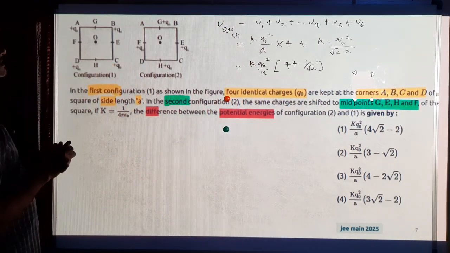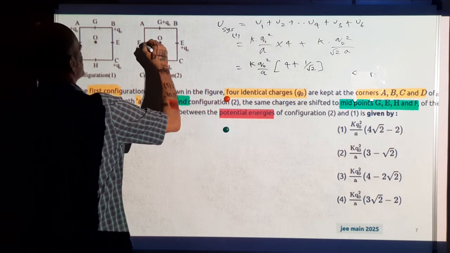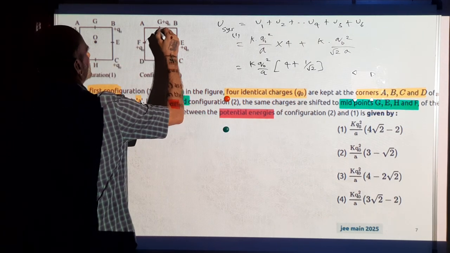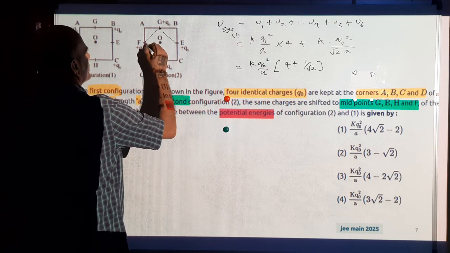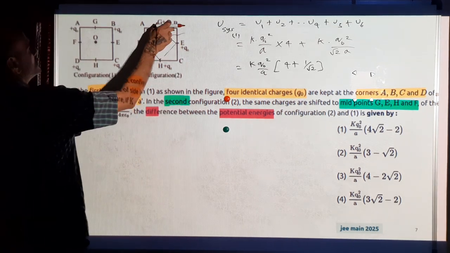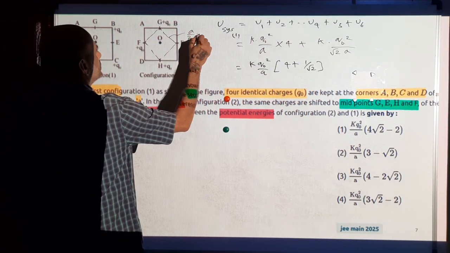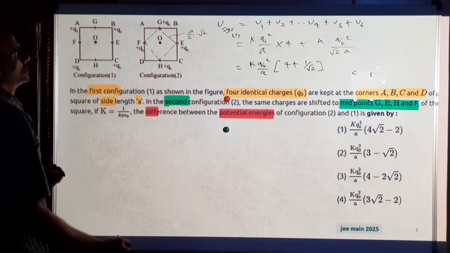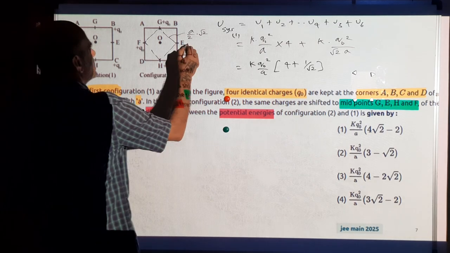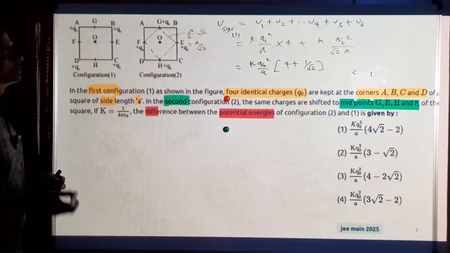Second configuration, again it's a square, but the side of the square will become this one. And this is A by 2, this is A by 2. So A by 2 into root 2. So the size of the square has decreased by a factor 1 by root 2.